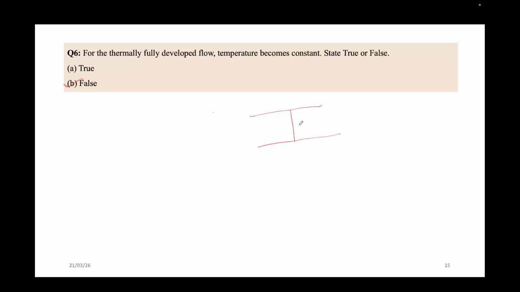If this is a thermal boundary layer, and this is the fully developed region, and the temperature at the wall is TW, remember one thing: here there should not be an arrow. Why is there no arrow in the temperature profile?